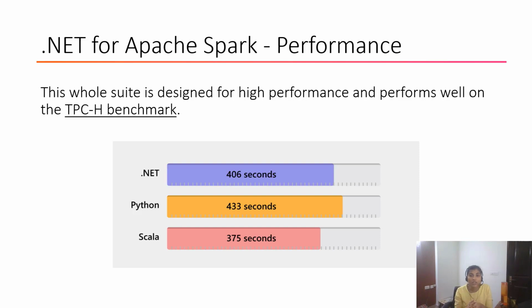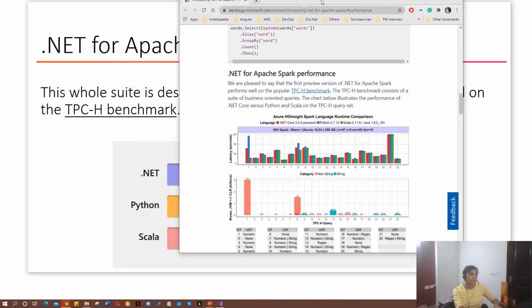So total execution time for a couple of queries in TPC-H benchmark, which is the lower the better, here is the data from an internal run of TPC-H benchmark, and it uses a warm execution of Ubuntu 16.04. I'll probably show you a link where you would like to read more about .NET Apache Spark performance.